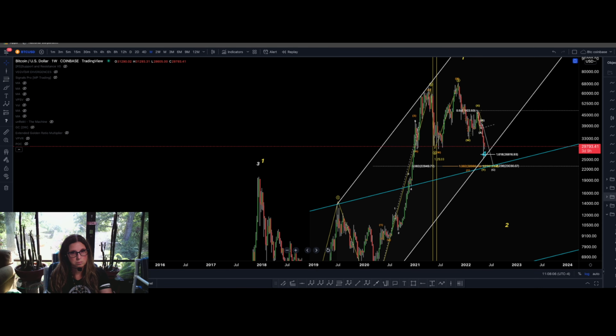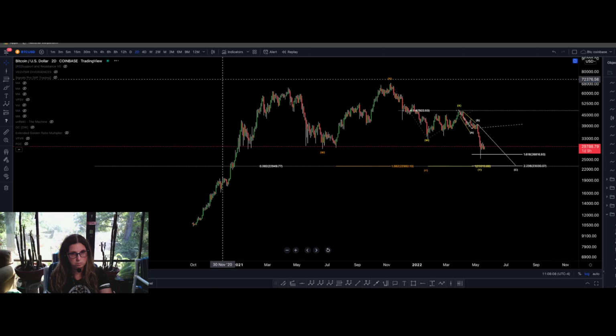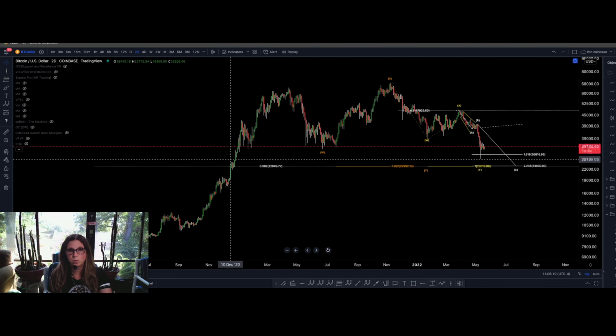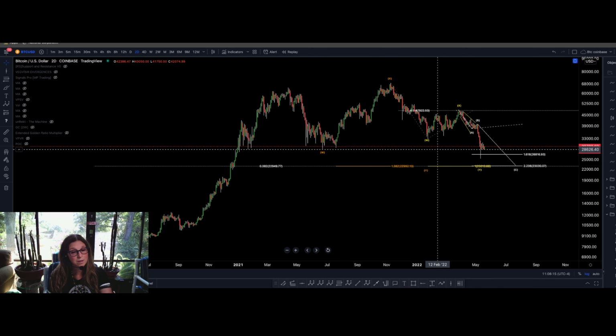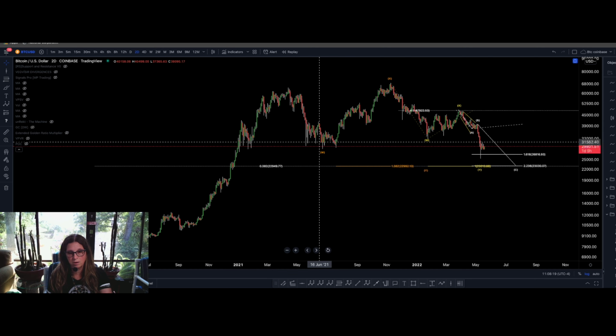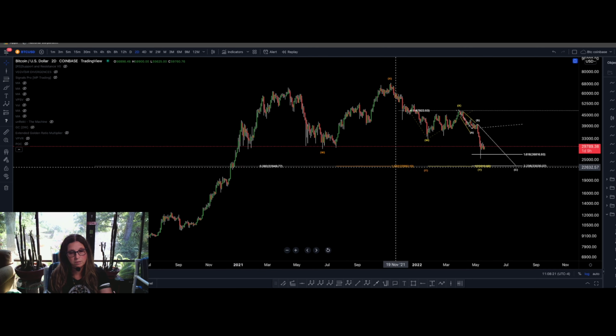Confluence, not really support. The only support we really have is this little area right here. And really, to be honest, a higher degree fourth shouldn't break a prior degree fourth area. But I will allow it as long as we stay out of our one.